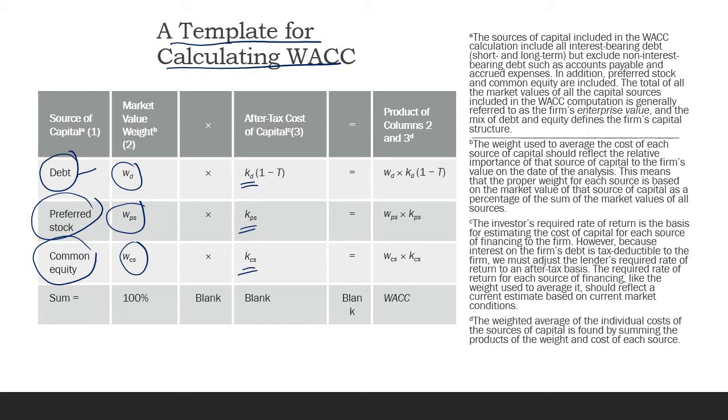You just multiply the weightage and the cost, except for debt, where the cost of debt K you have to multiply by 1 minus tax, because the coupon payment is before tax in the profit and loss.